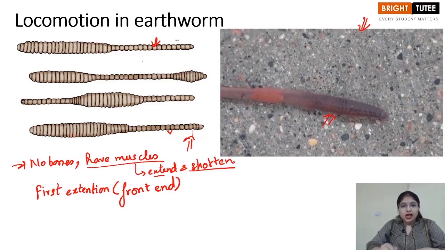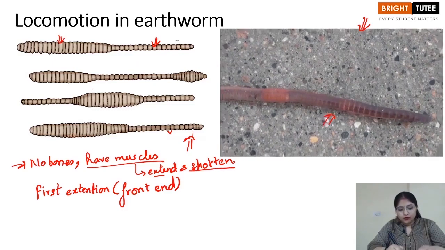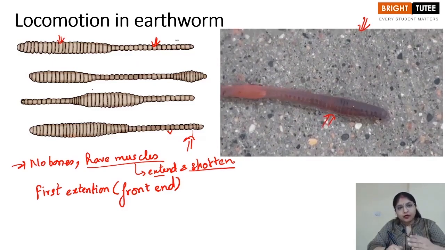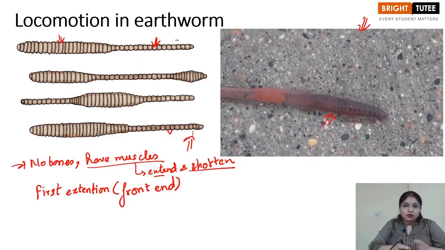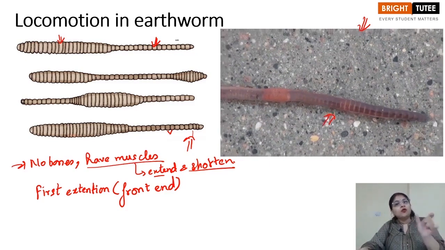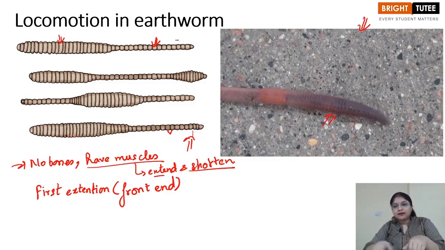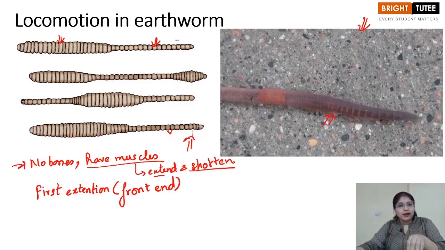Once the extension happens, during this extension, the rear end, the back portion of the earthworm, is fixed onto the ground, right? So the back portion gets fixed on the ground and the first portion is extended. This fixation is important so that only the first part of the earthworm moves forward. If the fixation doesn't take place, this extension is not possible, right?